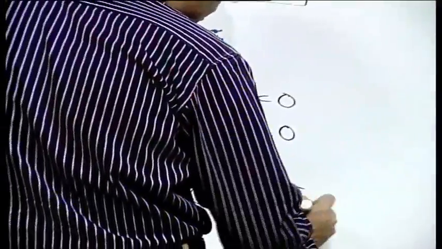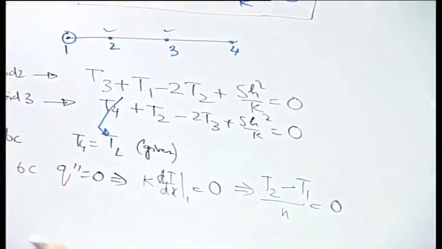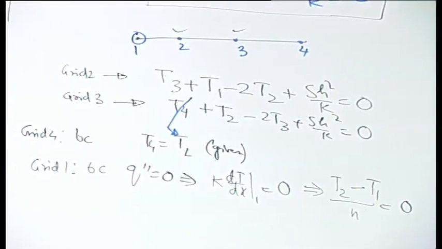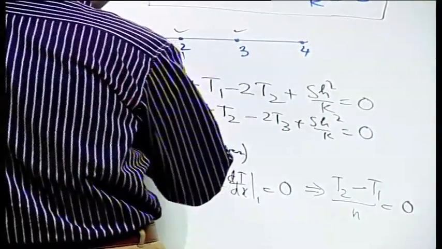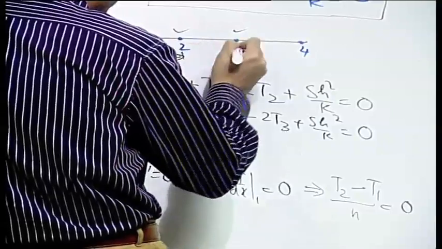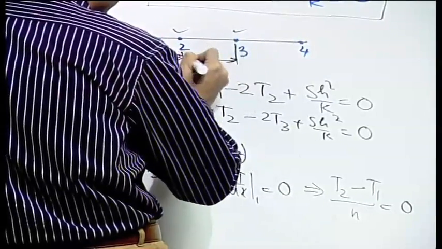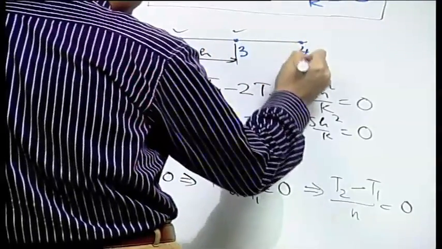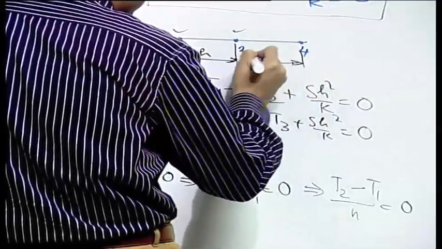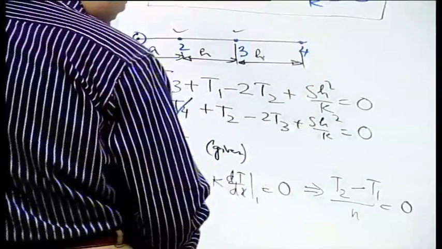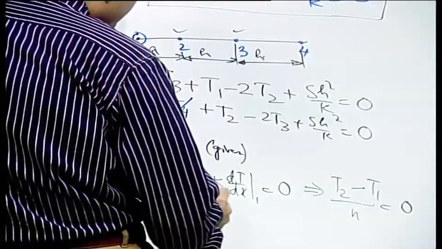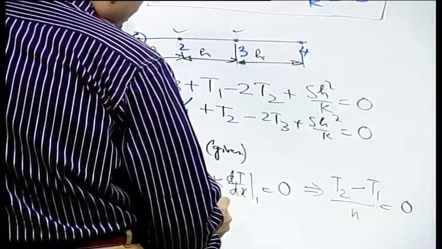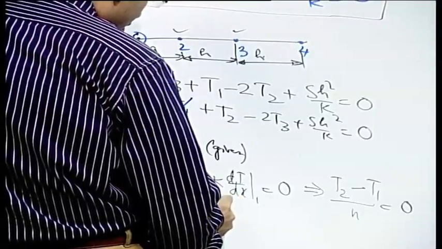So, you can write it in terms of a forward difference formula, T2 minus T1 by H equal to 0, where H is the distance between each of the grid points, which implies T1 is equal to T2.